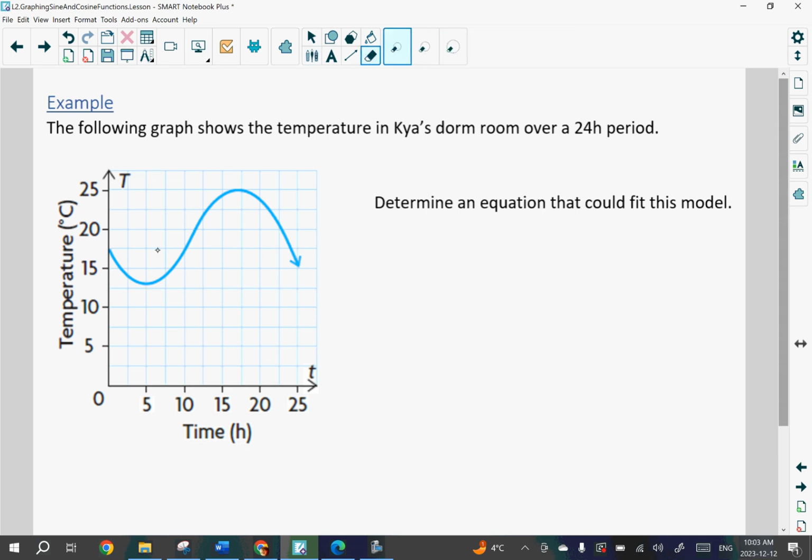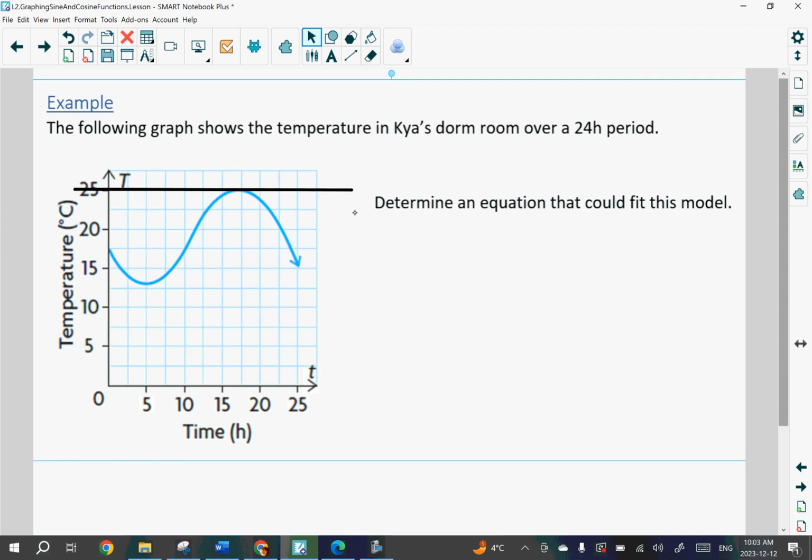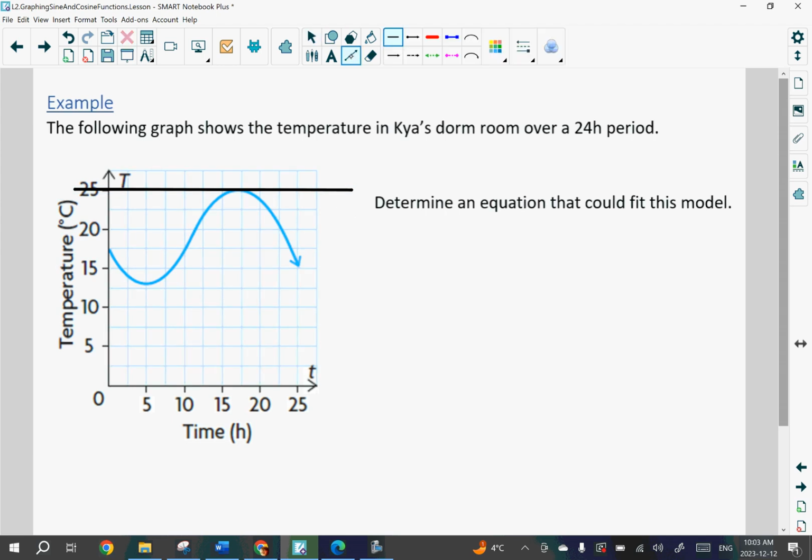So let's look at what we know. This is also a little bit of a tricky graph if you're looking at the values that are given. It looks like the top of the graph happens at y equals 25, and then the bottom of the graph is not nice. This one is happening right there.